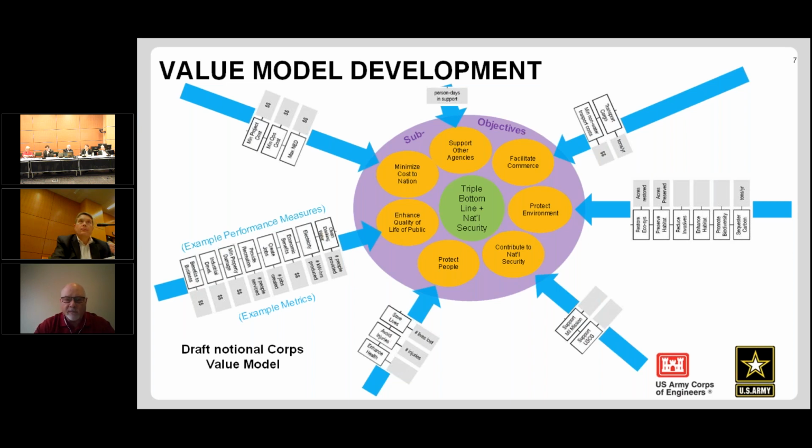So you have some generic sub-objectives in here, like we want to minimize cost to the nation, protect people, protect the environment, facilitate commerce. What you have is the spokes around this inner circle are performance measures for each of the business lines, and then the example metrics that we're trying to determine.